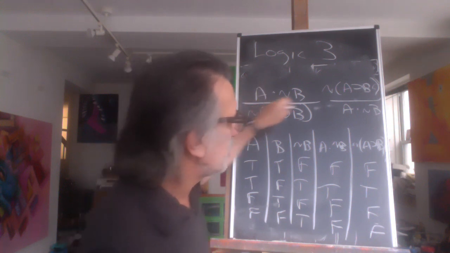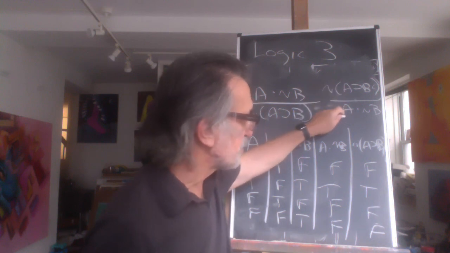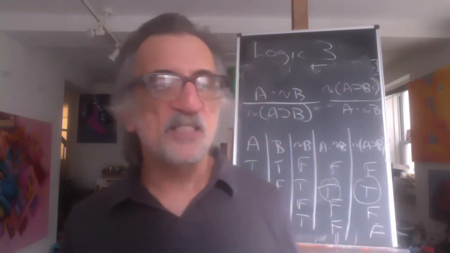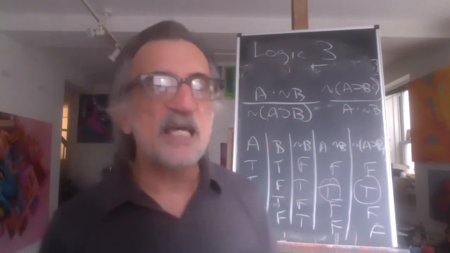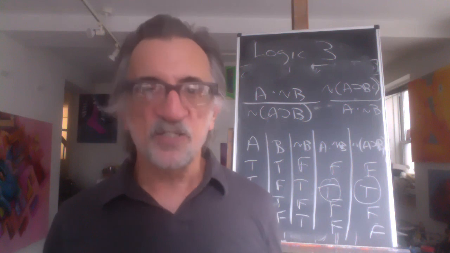No. When this is the premise and it's true, does this ever come out false? No. Indeed, each of them is true only once. When it's true, the other one is true. They imply one another. That's mutual implication. That's equivalence. And that's one of the identities that we're going to get comfortable with as we continue.